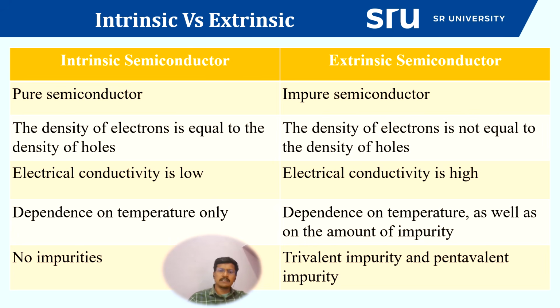Different semiconductors exhibit different properties. The electrical conductivity may vary from semiconductor to semiconductor because their band gaps are different, their electronic band structure is different.